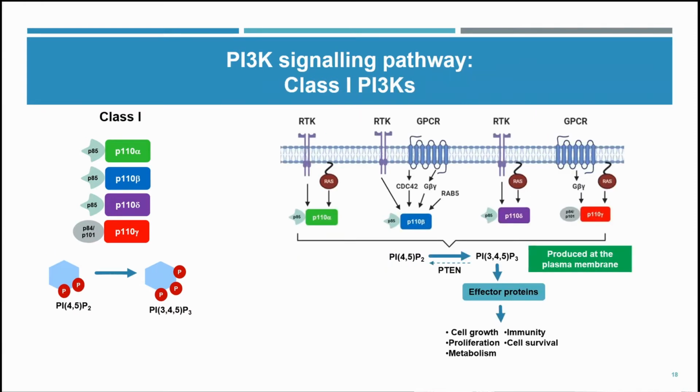Class 1 PI3Ks can be activated by receptor tyrosine kinases, GPCRs, or RAS. After activation, they phosphorylate the lipid into PIP3, which then interacts with other effector proteins and induces different signaling cascades. These lipids are mostly produced at the plasma membrane.